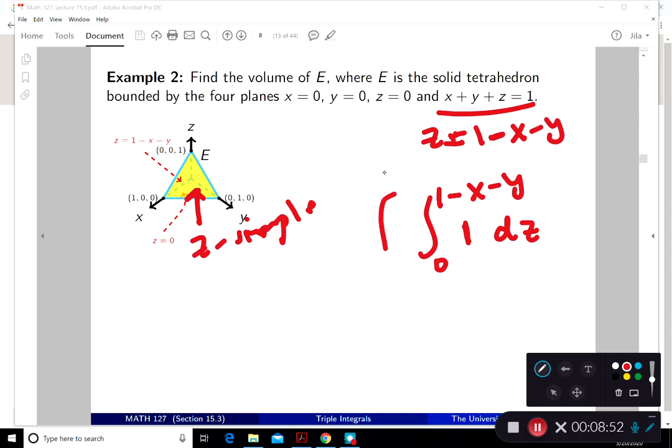That's my most inner. Then I have to set up the outer ones. How do I set up the two outer ones? If you remember, the inner one was just knowing z simple and going from the lower to the upper surface. The outer ones are the projection over the plane that contains the other two axes, which is the xy plane.